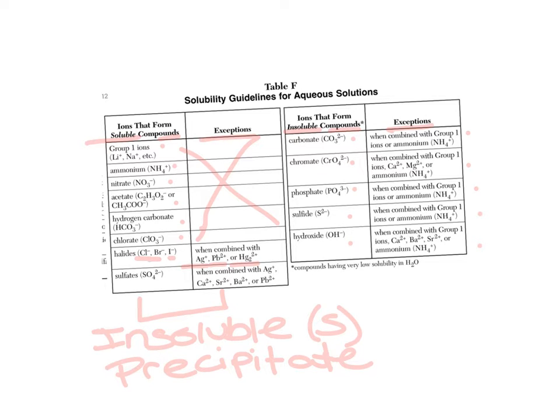Hydroxide, all the way at the bottom, is insoluble with everything except when hydroxide is combined with group 1 ions, calcium, barium, strontium, or ammonium. If you form ammonium hydroxide or calcium hydroxide or barium hydroxide or strontium hydroxide, that means that you will have formed a soluble product. So when these combine with the exceptions, it forms a soluble product, which means an aqueous solution.